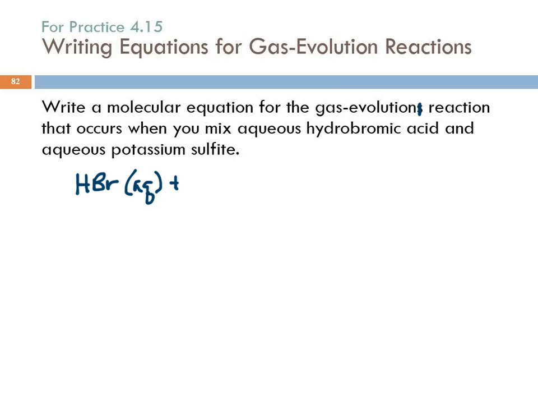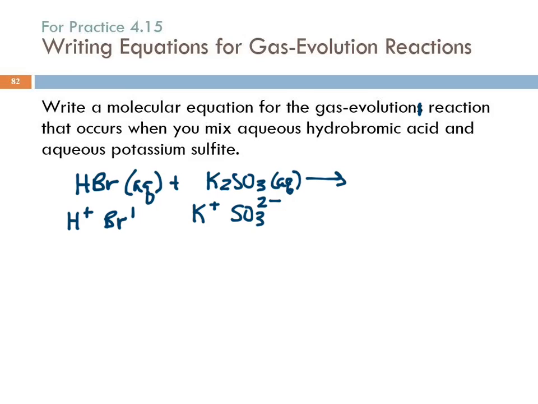And potassium sulfite. K2SO3, so that's potassium and sulfite, and we put those together and we get K2SO3, and that's also aqueous. So what's the product of this reaction going to be? Well, let's look at the ions.